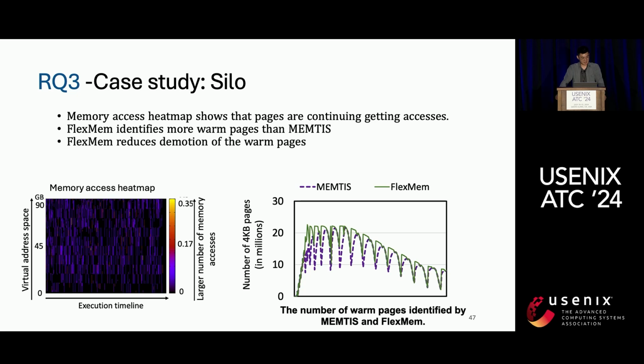From this heat map, we see that most of the pages get continuing accesses. FlexMem identifies more warm pages than MEMTIS. The right figure shows the number of warm pages identified by MEMTIS and FlexMem. By identifying more warm pages, FlexMem can actually reduce the demotion of warm pages.